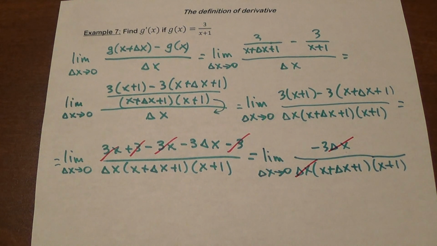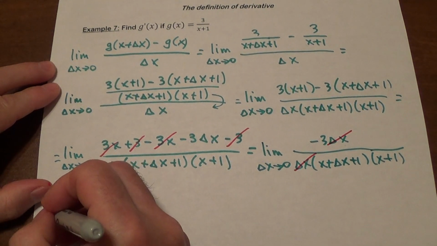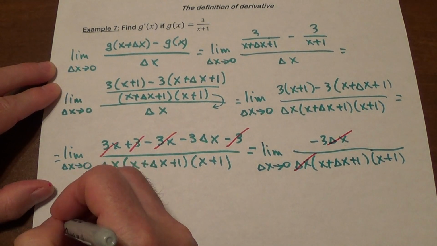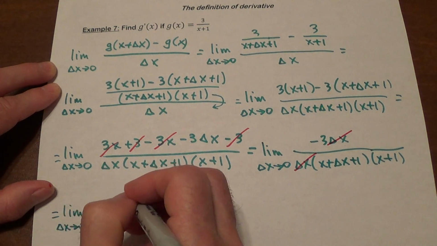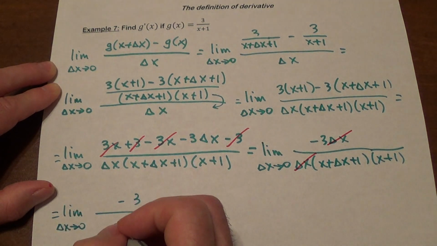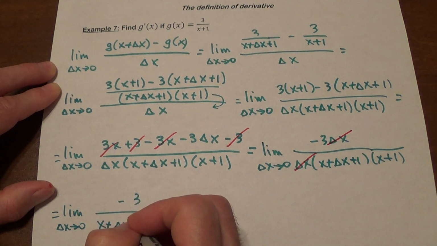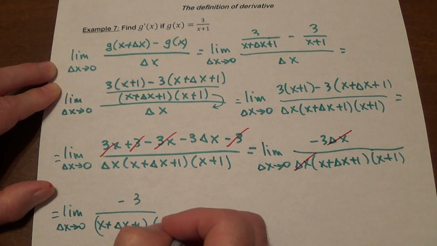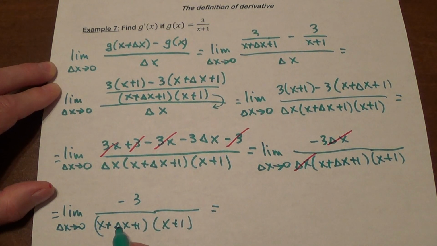And you don't have that anymore. And actually now there is no longer any issue with an indeterminate form. So it's the limit as delta x approaches 0 of negative 3 over x plus delta x plus 1 times x plus 1. And now if you make delta x equal 0, that simply cancels this term here.